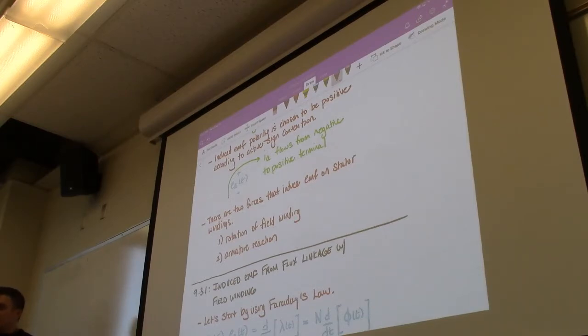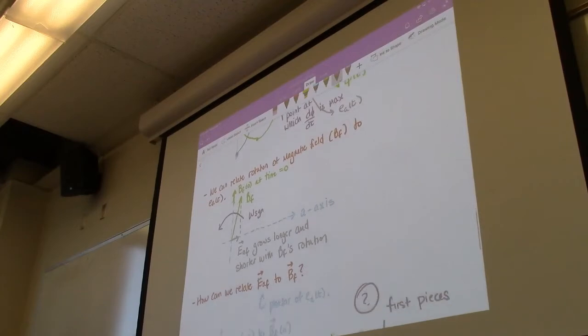So we have the expression now that defines the first one, which is the induced EMF due to the rotation of the field winding. We've got an expression which relates to BF, the magnetic field generated by the field winding, so that checks that box. So now let's move on to the second piece, which is the armature reaction, and we'll talk about exactly what that is.